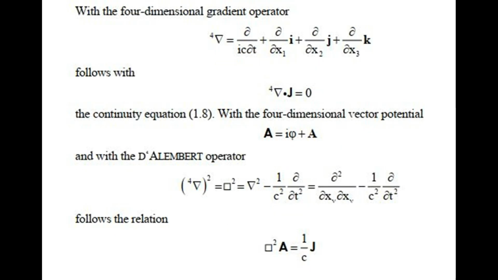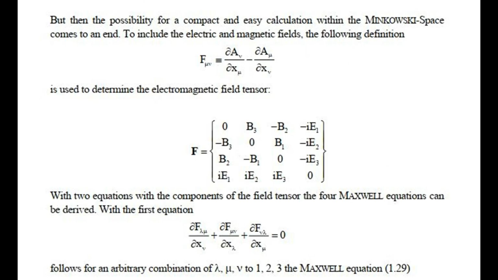Follows with the continuity equation, 1.8, with the four-dimensional vector potential, and with the D'Alembert operator, the relation. But then the possibility for a compact and easy calculation within the Minkowski space comes to an end. To include the electric and magnetic fields, the following definition is used to determine the electromagnetic field tensor.